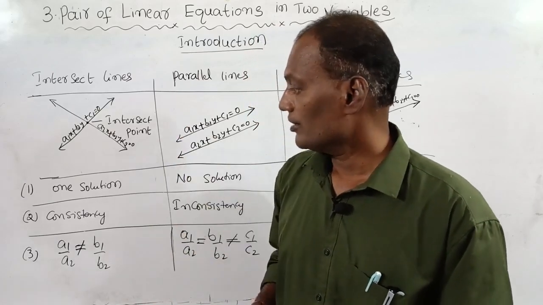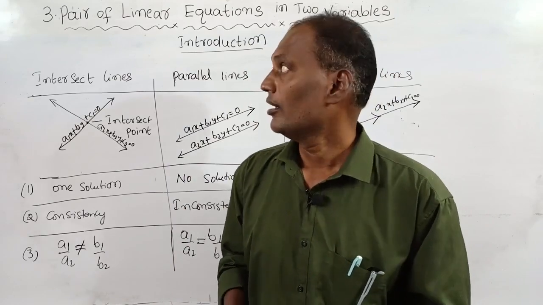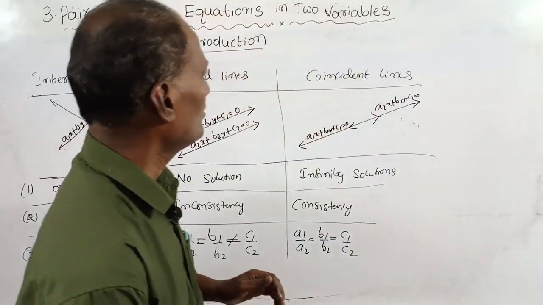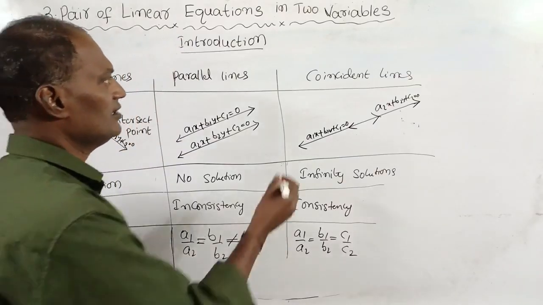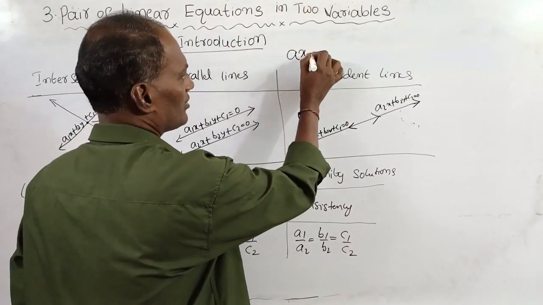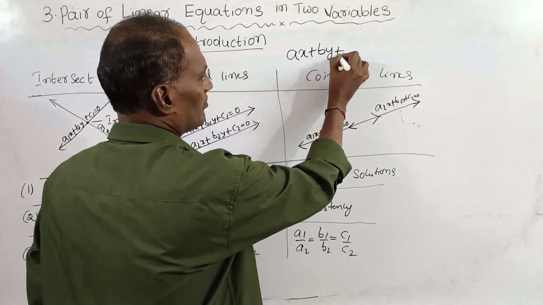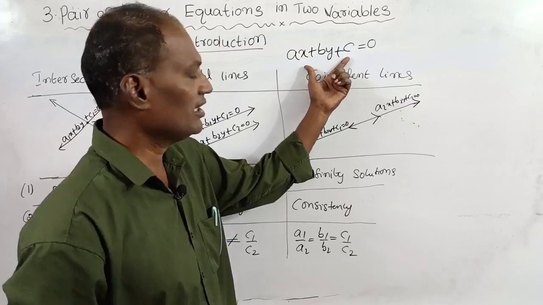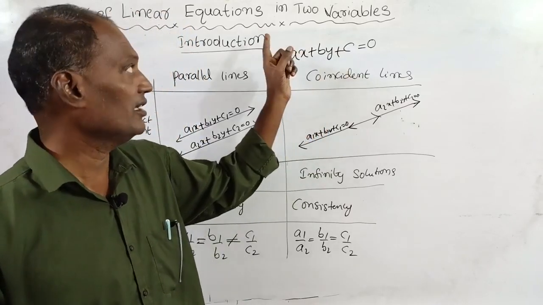This is the introduction about the pair of linear equations in two variables. This is the main form of the equation: ax plus by plus c equal to 0. This is the form of the linear equation.